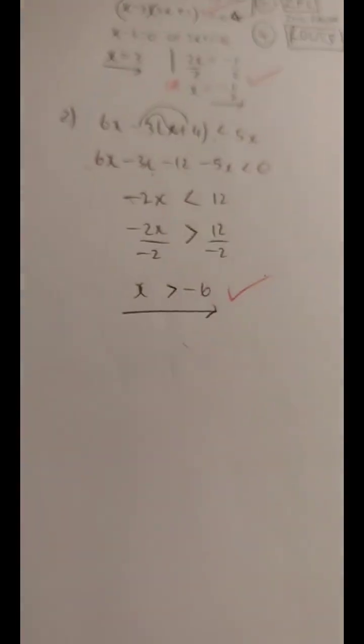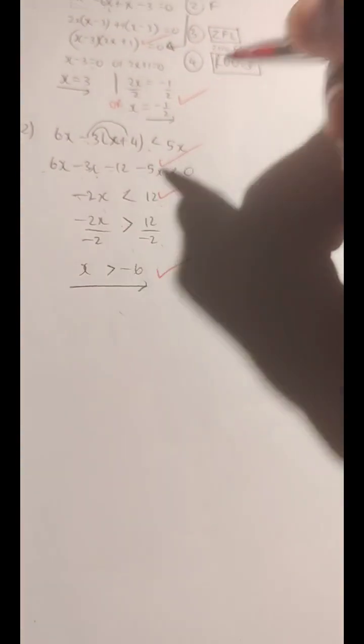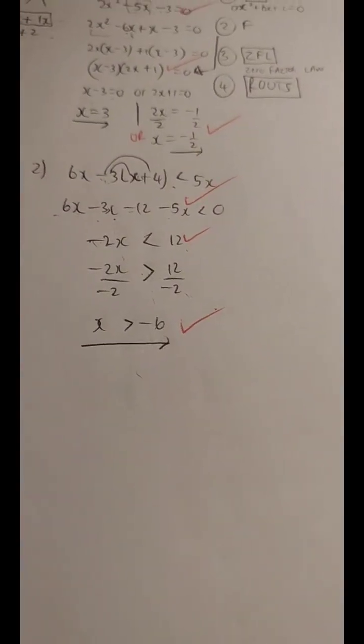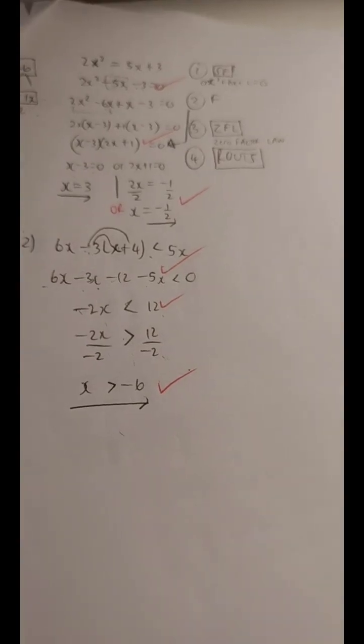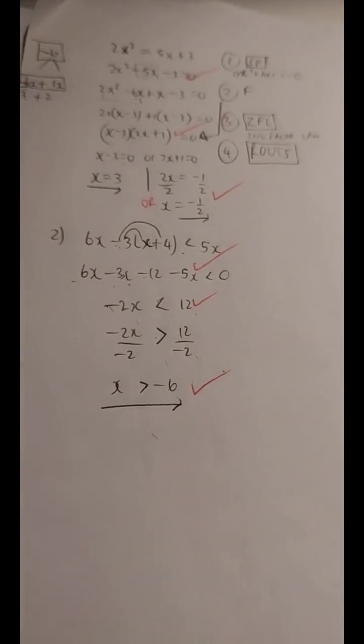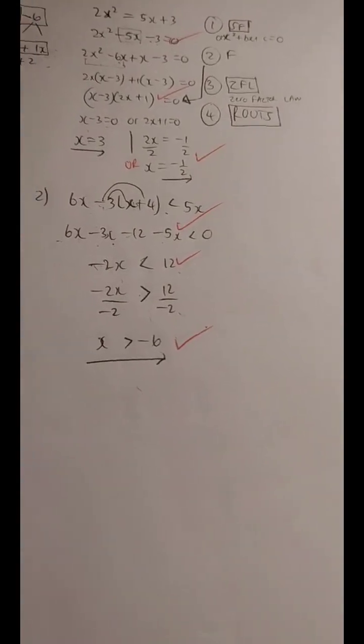1 mark for this, 1 mark for that, 1 mark for the expansion. Okay, that's 3 marks that we are worthy of receiving. So yes, please guys, division by a negative sign changes sign immediately.